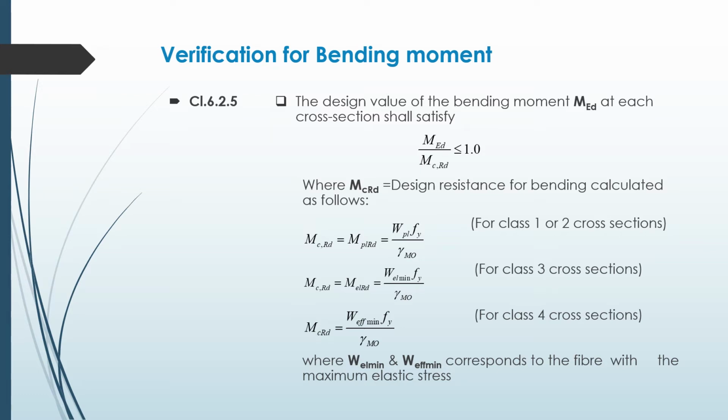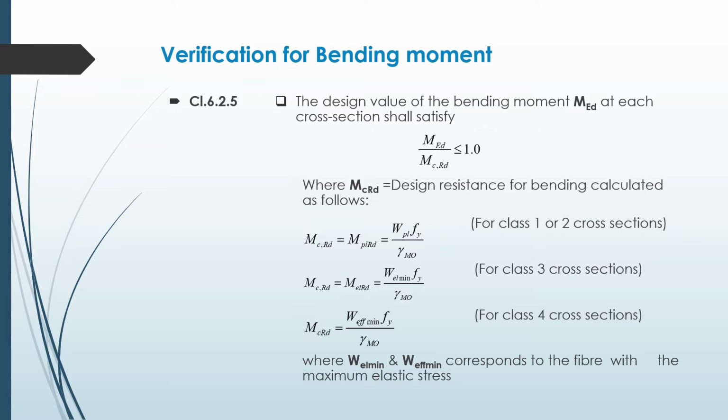As per this clause, the design value of the bending moment M_Ed at each cross-section shall satisfy the criterion M_Ed divided by M_c,Rd less than or equal to 1, where M_c,Rd is defined as the design resistance for bending, calculated as follows. Please remember the value of M_c,Rd depends upon the classification of the sections we made earlier.